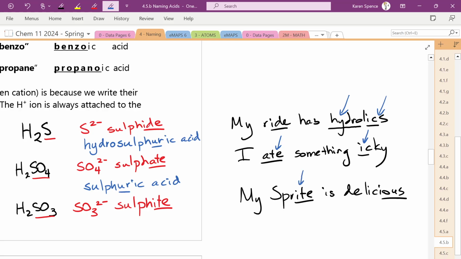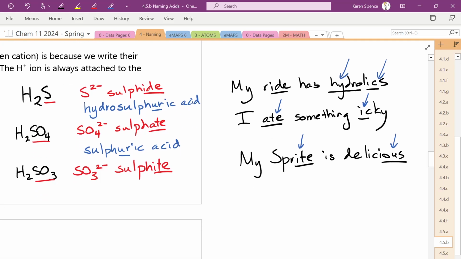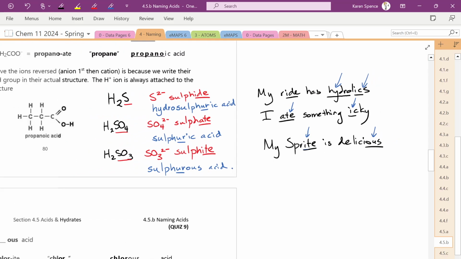My Sprite is delicious. So if I have sulfite, I'm going to have sulfur, again, I need that extra little "ur" in there. And because it's an ite ion, the ending is ous, sulfurous acid. What do you guys think? Is it making some kind of sense? Yeah? Okay, good.